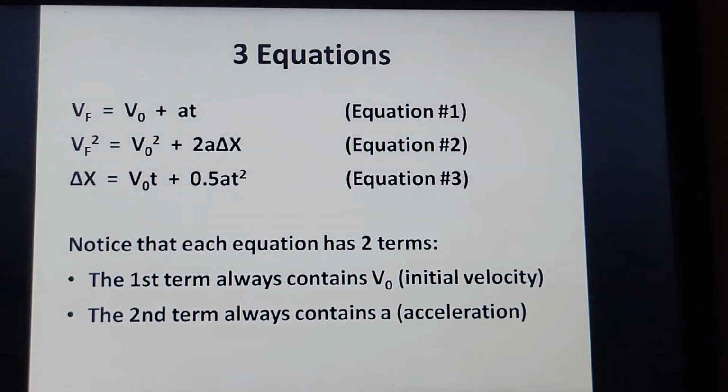Okay, there's 3 equations that contain the five variables. Let's take a look at these equations briefly. Notice that each equation, the way they're written, has initial velocity as the first term on the right side. The second term always contains acceleration. So if your initial velocity is 0, for example, a car or a runner at a starting line, that first term disappears and it simplifies the equation a little bit.